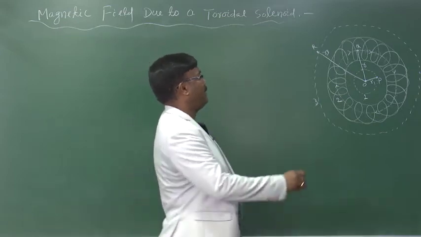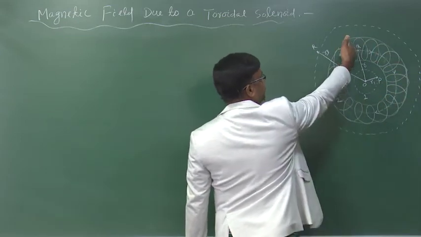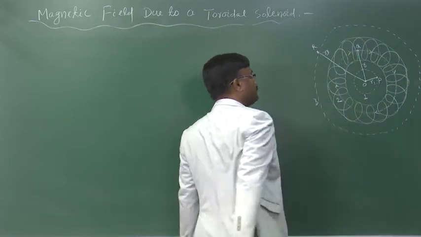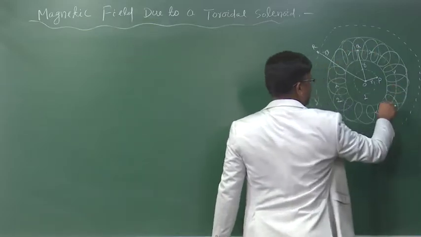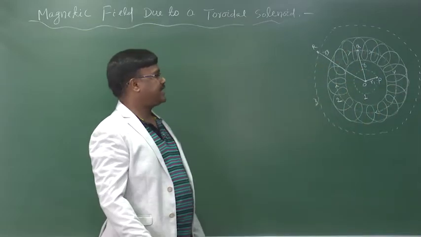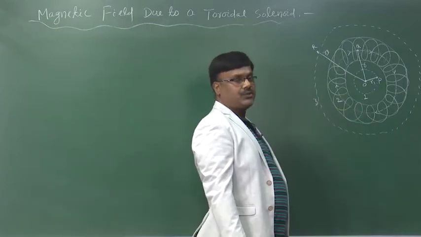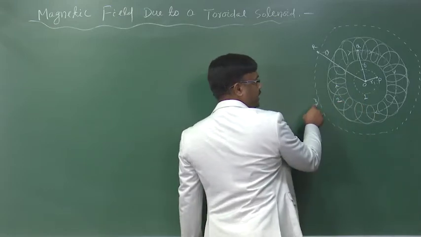So, here this one is the toroidal solenoid, and in this case the current is flowing through the solenoid in the clockwise direction. In the figure as shown, there are three dotted lines 1, 2 and 3.